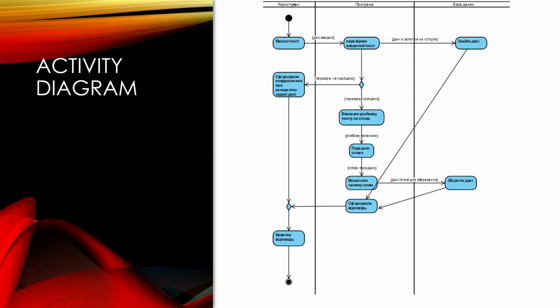In the end, we have the activity diagram, which shows that we input text. If the text is correct, then we check the input, and if it is an ask for history, we go to the database, look for data, formulate the answer and give that answer to the user.